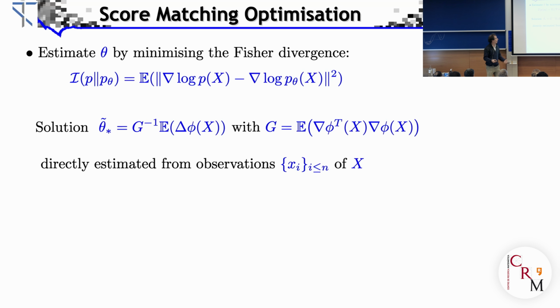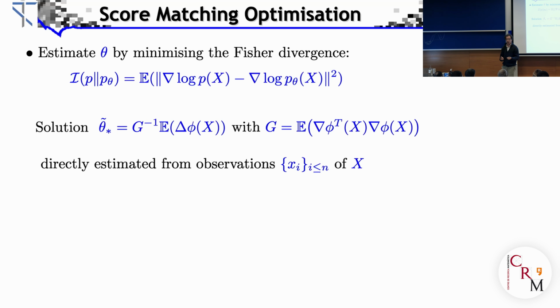You can verify that there is an explicit solution theta star which minimizes the Fisher divergence, which can be calculated from the expected value of the gradient of phi by solving this equation. This is the Gram matrix of the gradient of phi. And all this can be estimated directly from samples, so you no longer need to go through an iterative process to identify theta.